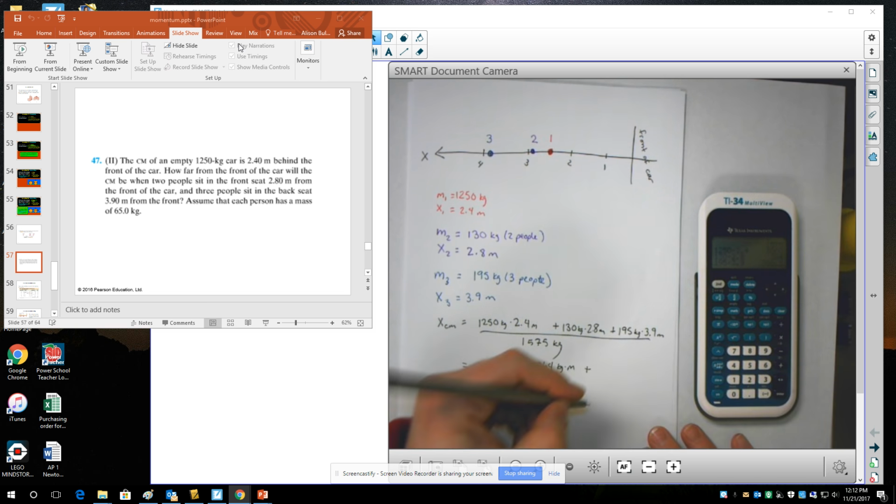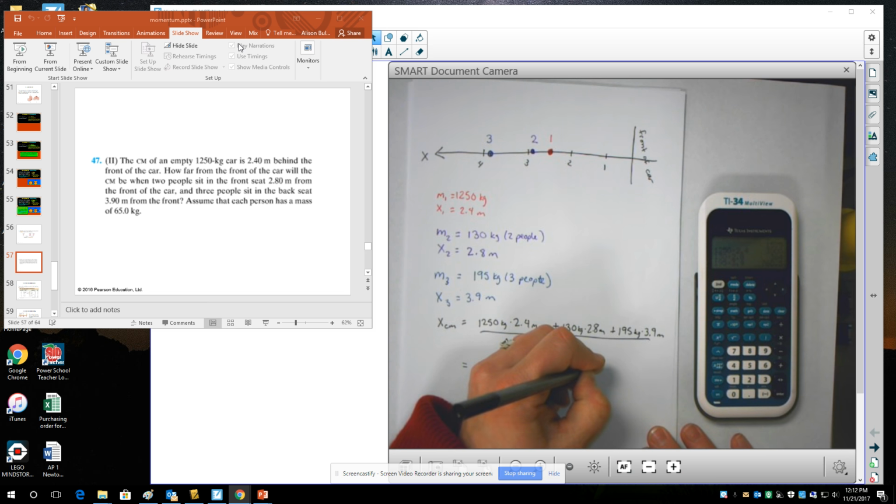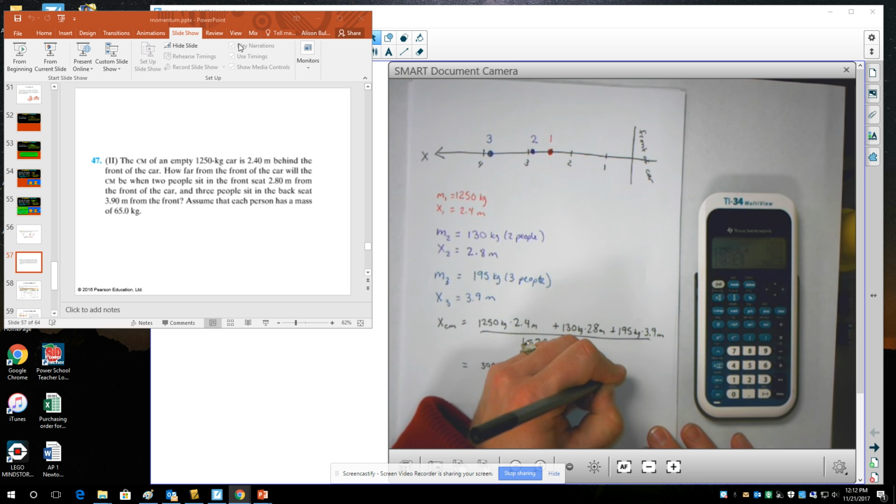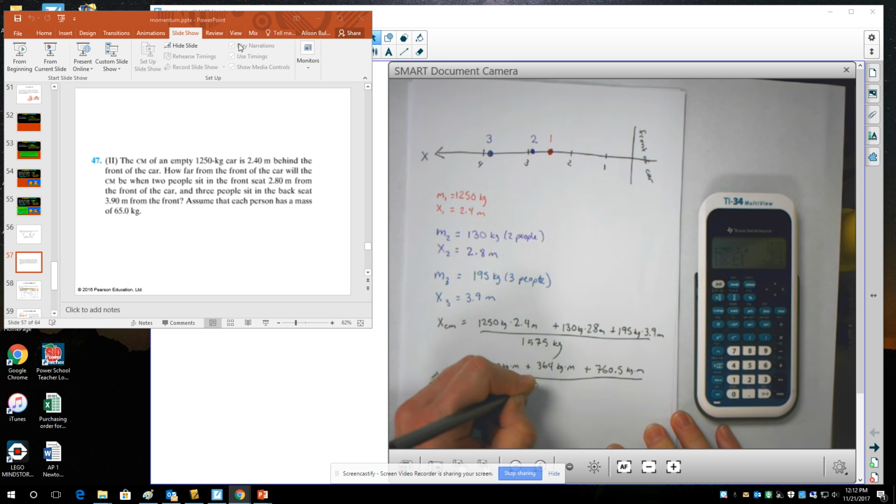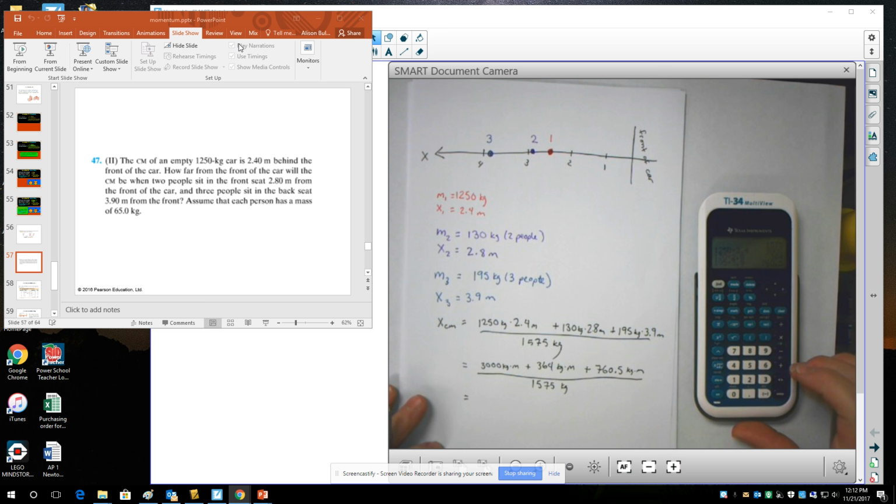We're taking an average, and 760.5 kilogram meters for the last one, and then I'm dividing by the total mass. All right, and again, we're noticing that kilogram meter divided by kilogram gives us our position of the center of mass in meters. If we were still in kilogram meters, we would be in trouble.